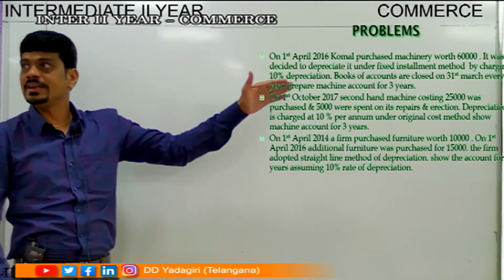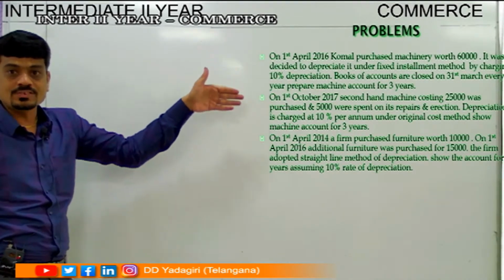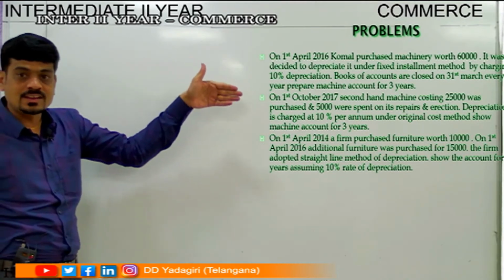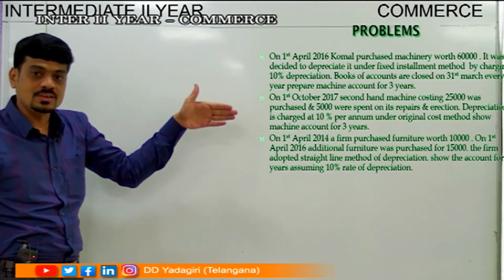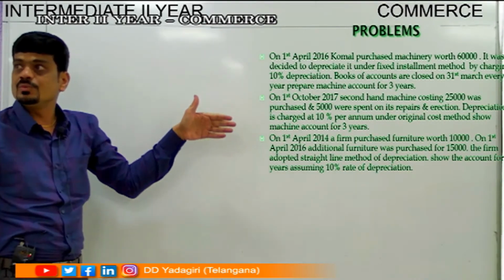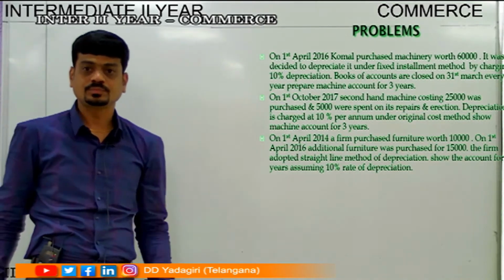Now I have formulated 3 questions for you here. First question is Komal is purchasing an asset. In the second question, I gave you another question, and third. These are the 3 questions which we are going to solve. Now let us focus on the first question.